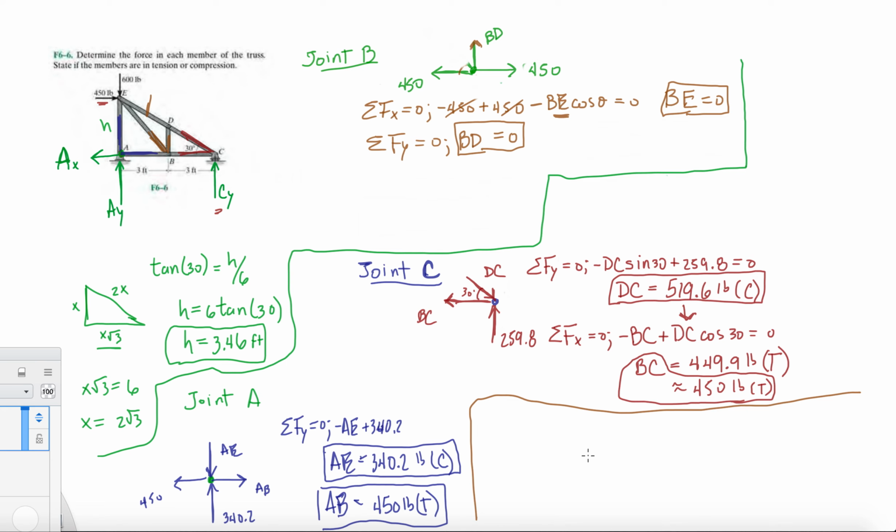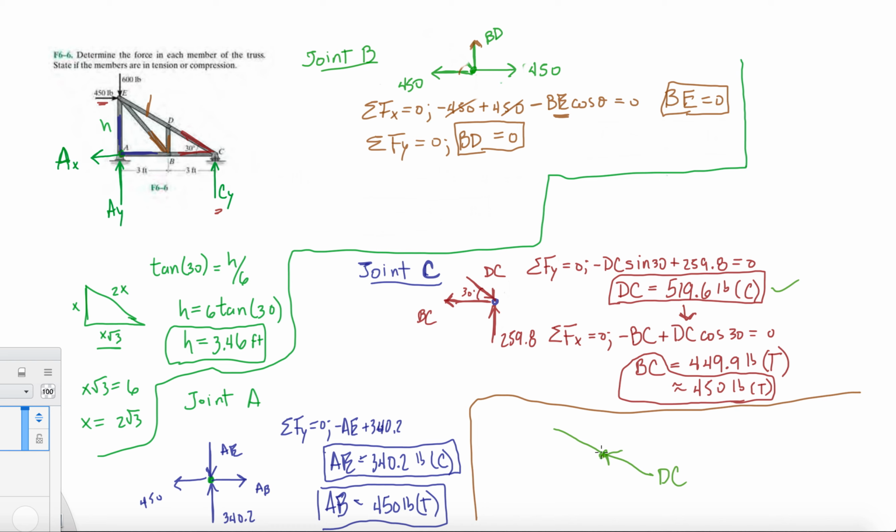All right, so we have joint D. So joint D is going like this. We have DC over here. DC, we found, was 519.6 in compression. So we're going to draw DC just the way it should be.